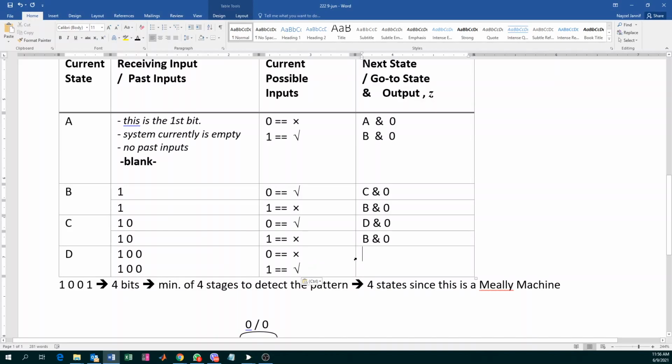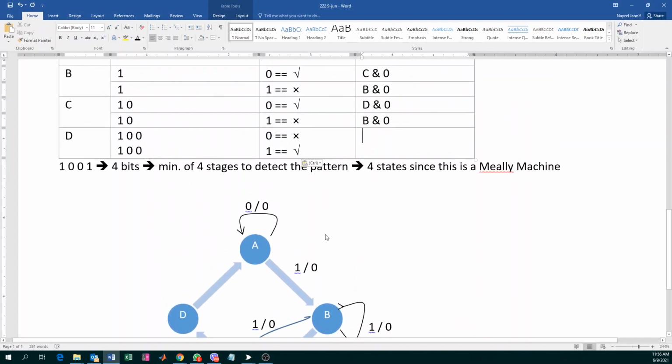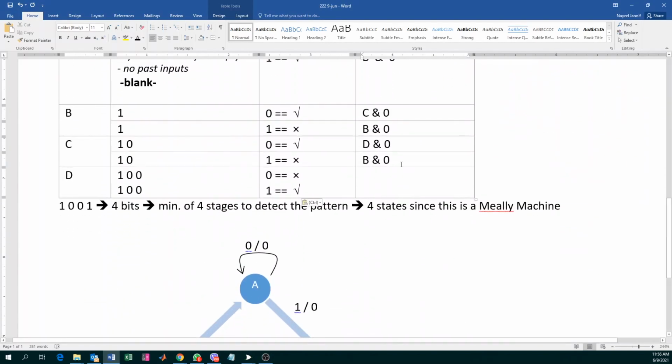So if you received a 0 at D, you get 1000. Therefore, the only place that 1000 can go to is A, and your output is 0.